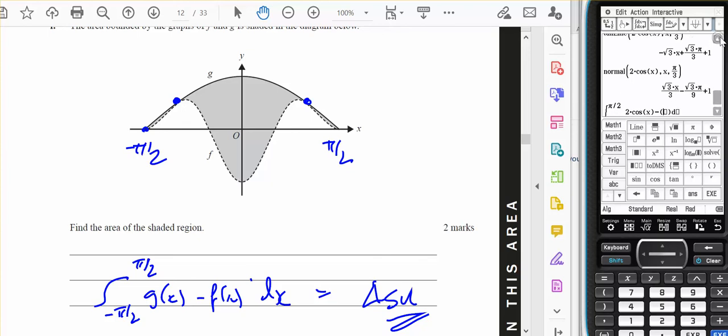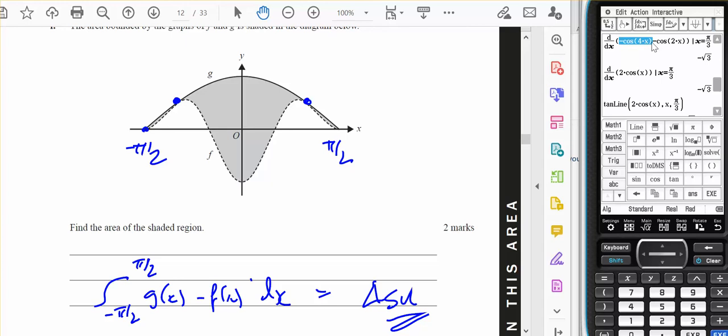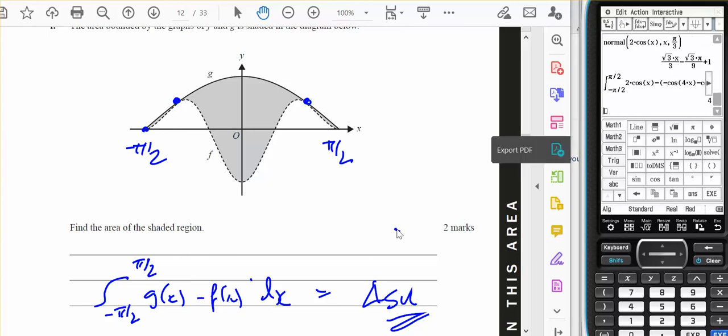Then I go back up here, find this one with its negatives, copy it, come back down here, paste it there, and then put the x in. When I go over, I get 4. 4 is the right answer. And that's question number 1.